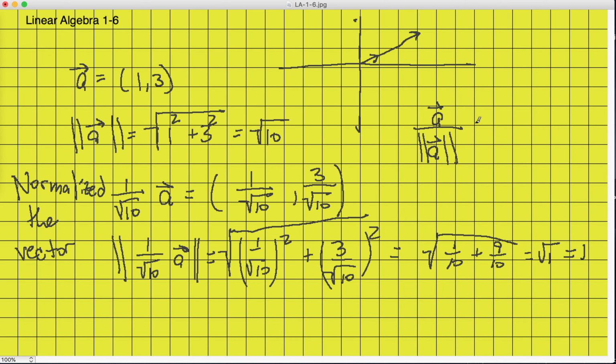And we're going to have a special way of denoting that just because we're going to be doing this a lot in this class. We're going to call it A, and we're going to put a hat over it like that. So one thing that we know right now is that the length of the normalized vector is 1. Okay, that is it for this video.